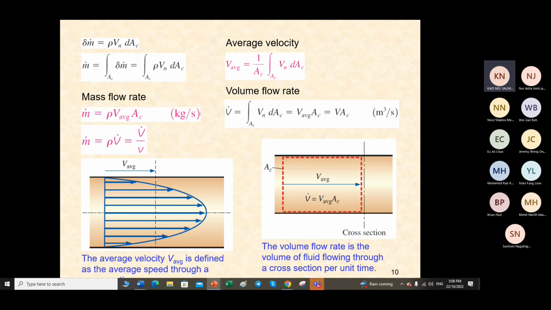With this understanding, if we consider the average velocity Vn remaining on the surface as one velocity, then the volumetric flow rate will be V into A, and the mass flow rate will be the volumetric flow rate into density, or the volumetric flow rate divided by the specific volume.